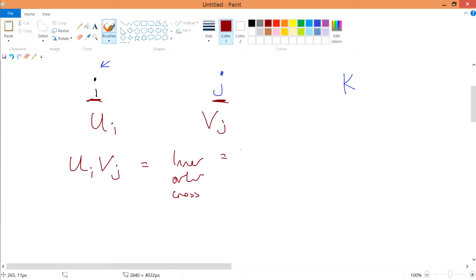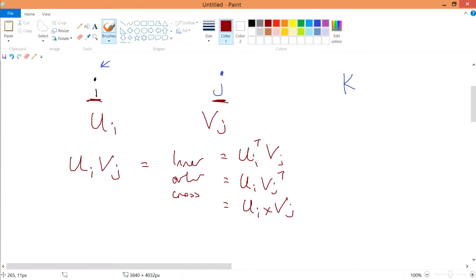The inner product is simply u transpose v, because the transpose is inside. The outer product is simply u v transpose, where the transpose is outside. And the cross product is simply this thing.